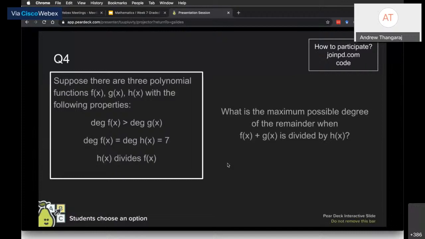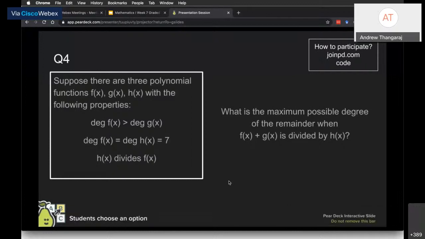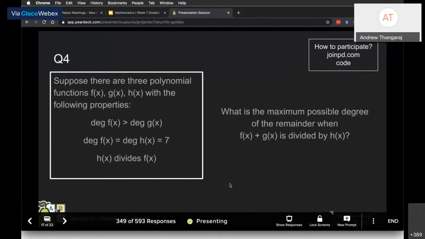Okay, I'll give 1 more minute. Quite a few responses have come in. Yes, it's a single choice. One of the 4 answers is correct. That's what I'm told.